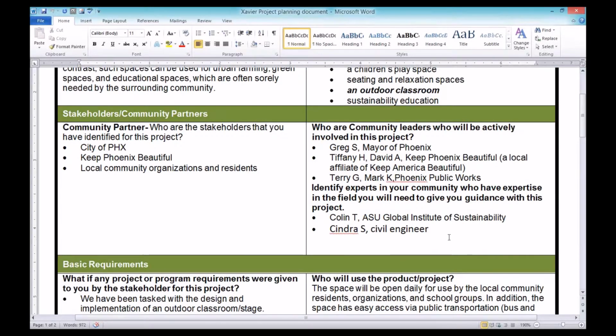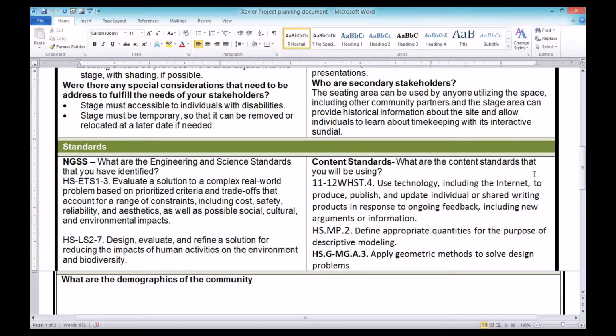A couple of the important pieces are that she has identified her community leaders and also her experts. As you start getting into your projects, it's important to think about who you would contact. If you're going to do something in your school, talk to your principal and the custodians, because they do a lot to say yay or nay on projects.